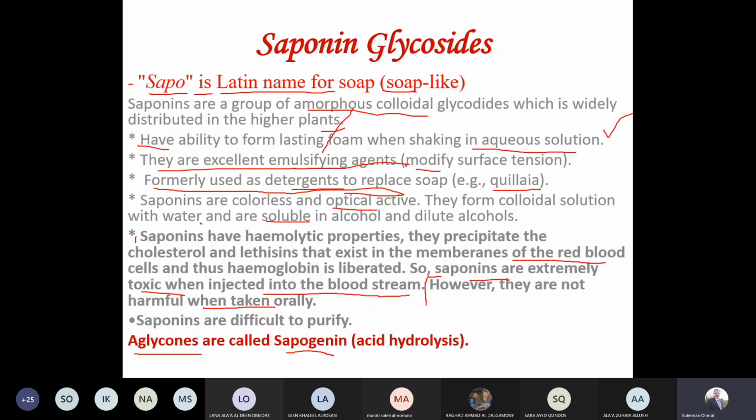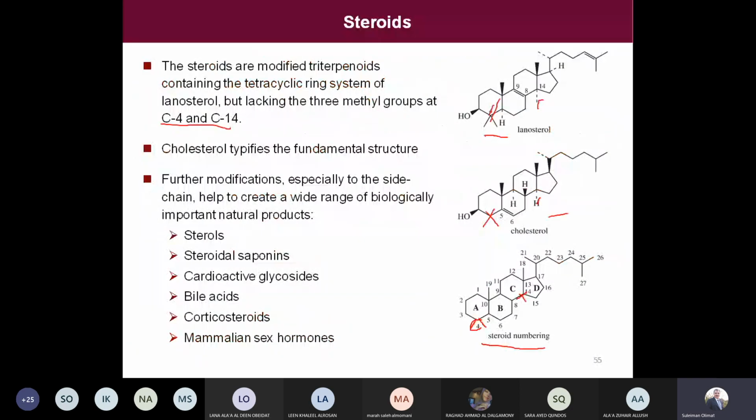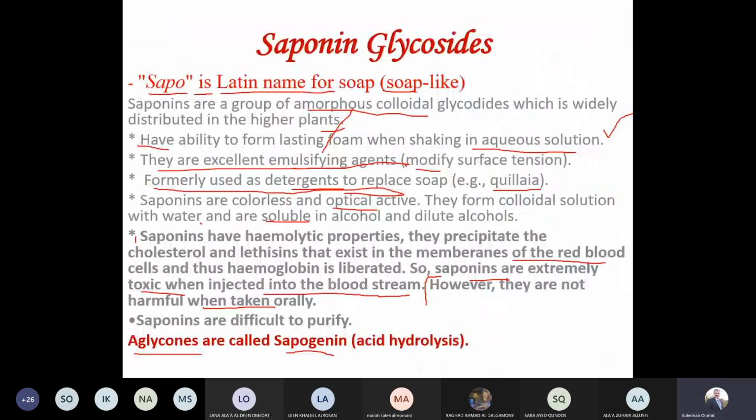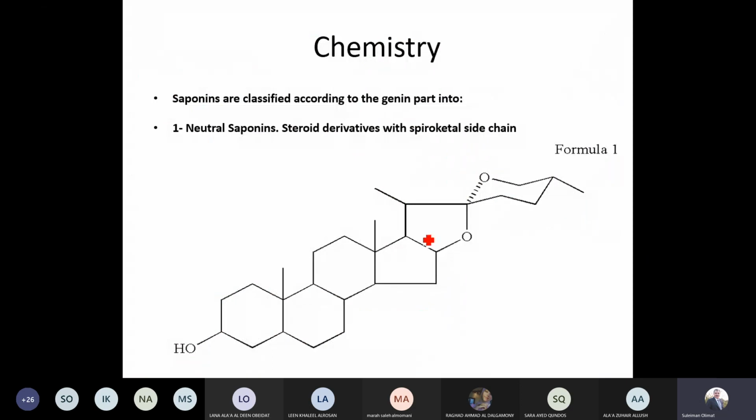What we have to know is that our steroids are very important for our compounds. And when we talk about steroidal glycosides, or saponin glycosides in general, we can classify them into classes.